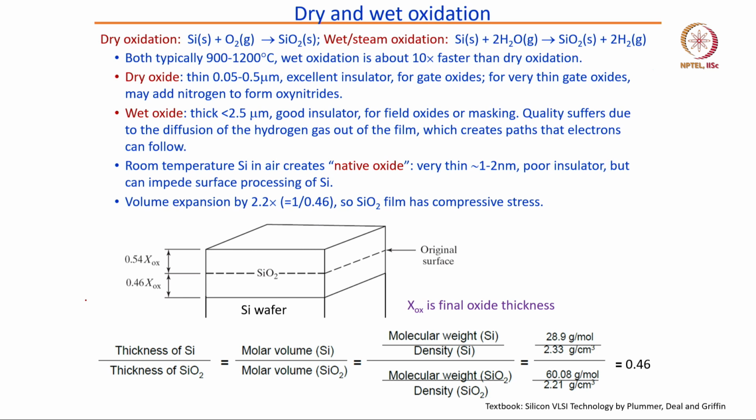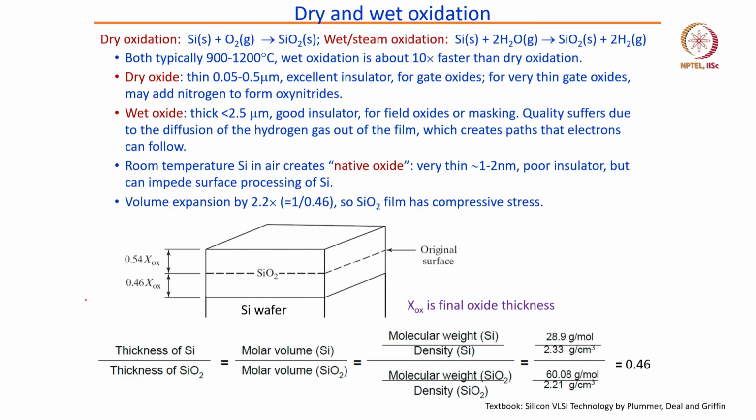This is also available in many books, it is not a big deal, but the point is what should be the compressive stress of the silicon dioxide when it is formed on silicon versus when silicon nitride is there, and how the compressive stress is relieved. So, there are different techniques for that. However, our focus is only on silicon dioxide as of now.